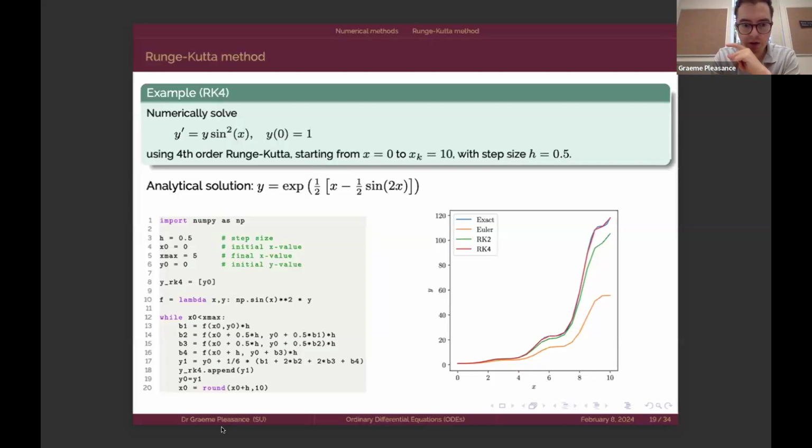The next question asks, what does the round function .round do? It just rounds the value of x to 10 decimal places. That's to do with floating point addition. If you add two floating point numbers in Python, they don't necessarily give you the exact corresponding result.